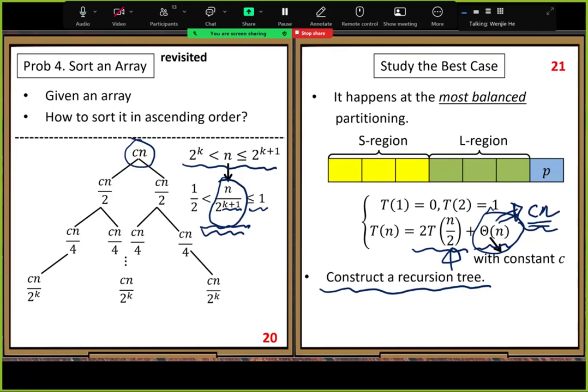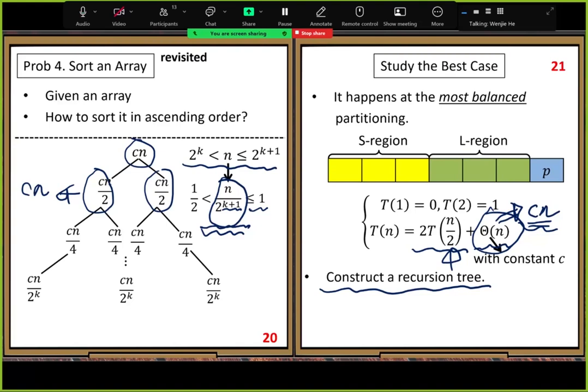Each node has a cost of C times the problem size, and the problem size is n over 2. But if you calculate the total cost of the next level, it's also C times n, adding up. Two nodes, also C times n.